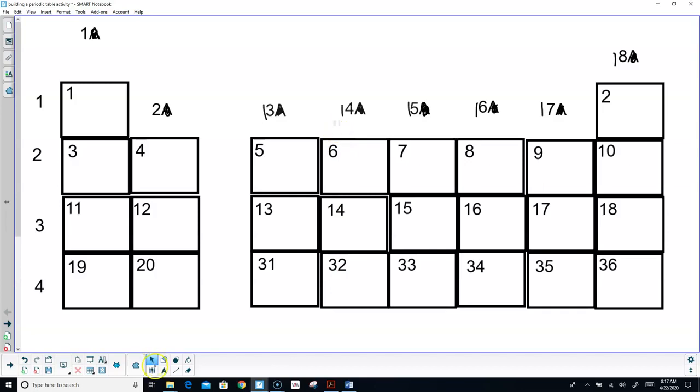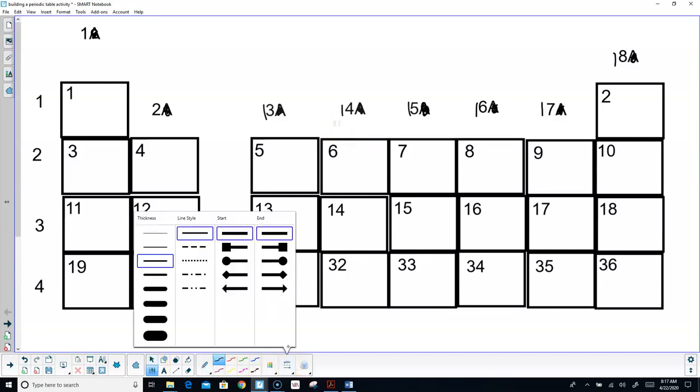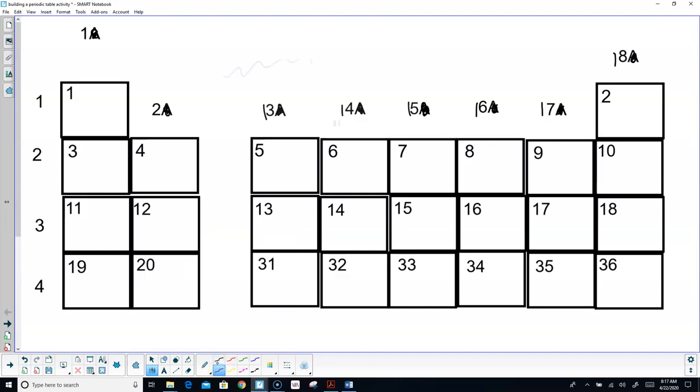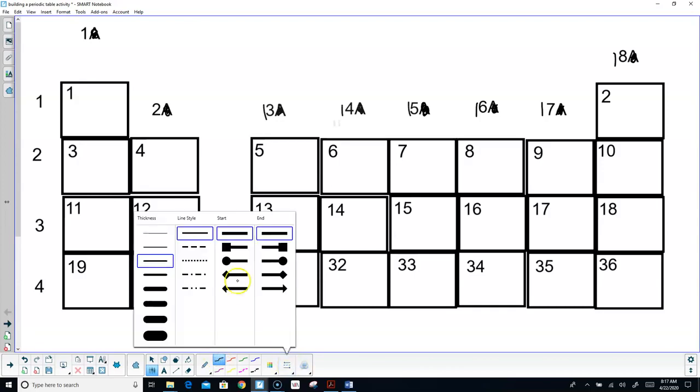So what I'm going to do, why is that not right? Try this again. This is being weird. Give me a minute here. Maybe let's try this. Why is it writing so faint? That is just bizarre.